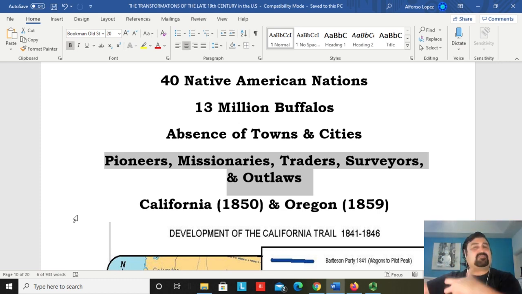And in many cases, Native Americans actually assist the pioneers in those expeditions. There's, of course, the presence of Christian missionaries that are there in the Wild West for the sole purpose of spreading Christianity. They're trying to convert the Native Americans to Christianity. And so that was part of the civilizing mission.